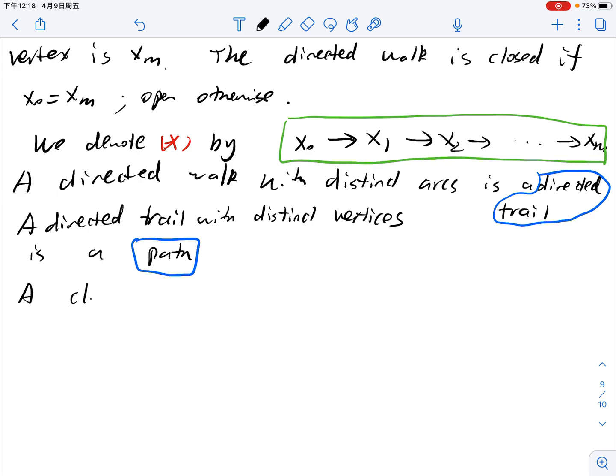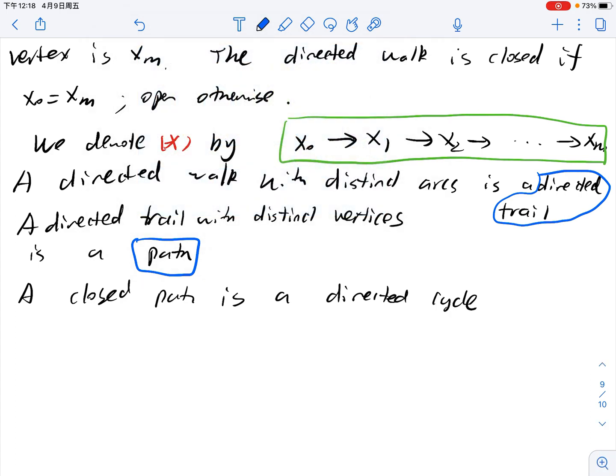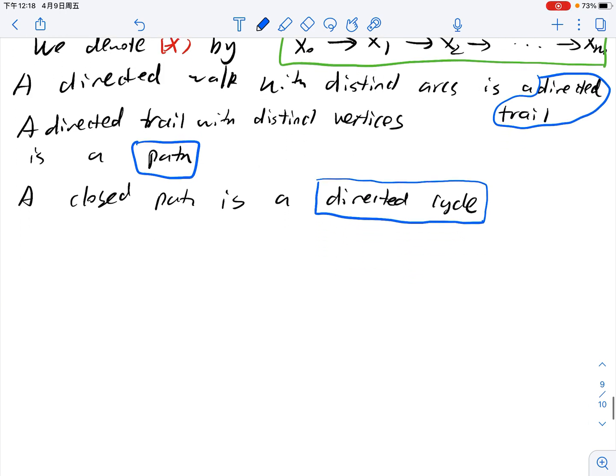And a closed path is a directed cycle. Here for the path, the vertices are distinct except the initial and the terminal vertices.